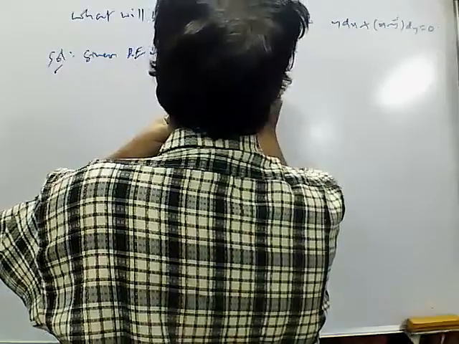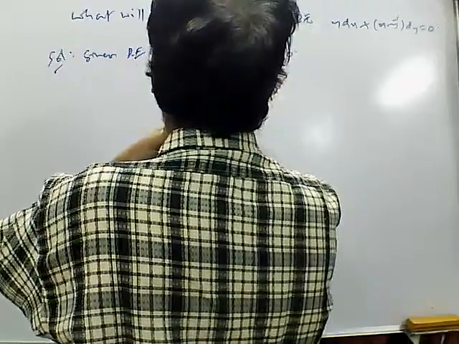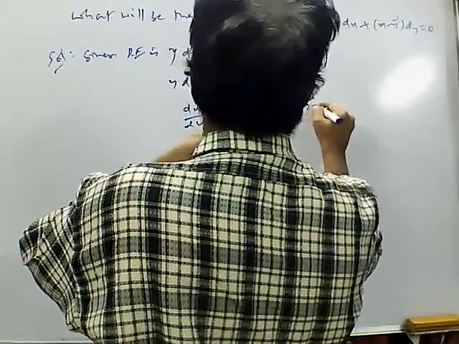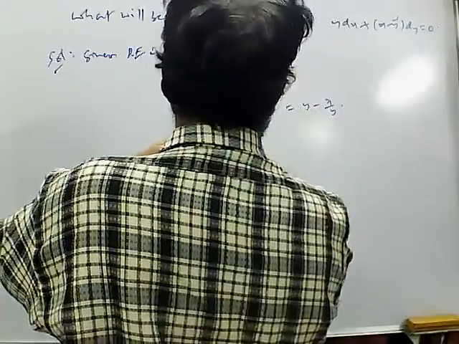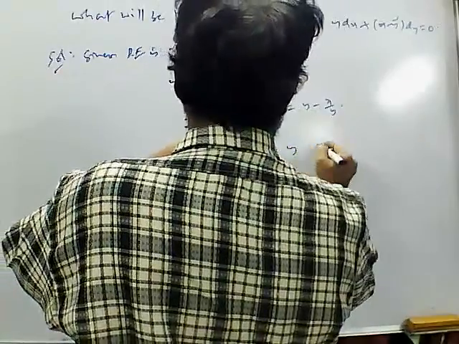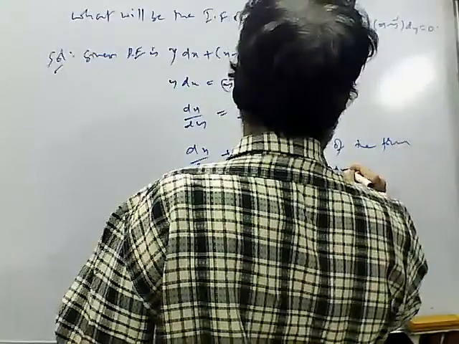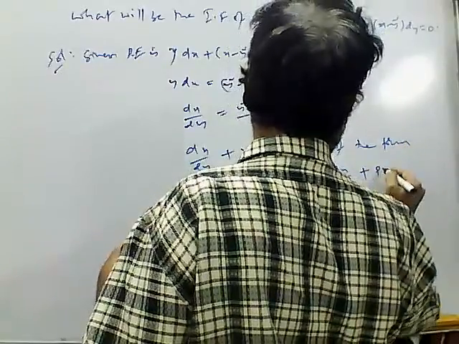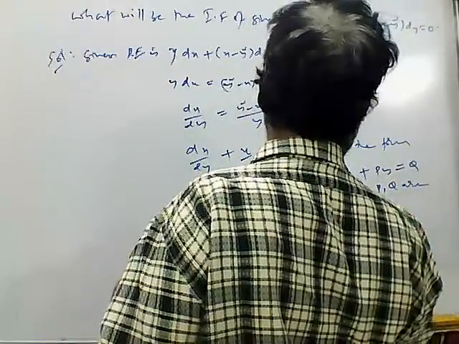y dx is equal to (y square minus x) dy. So dx by dy is equal to (y square minus x) by y, which is equal to y minus x by y. So dx by dy plus x by y is equal to y, which is of the form dx by dy plus px is equal to q, where p and q are functions of y.